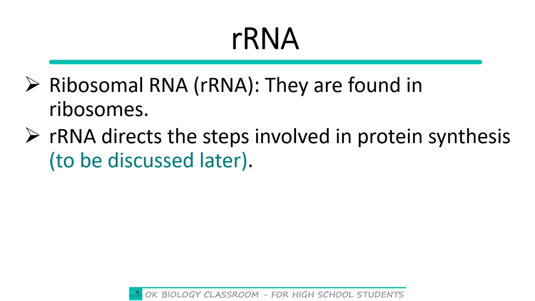So information is copied from DNA onto messenger RNA, and the messenger RNA also copies its information onto the tRNA. Then the ribosomal RNA, the rRNA, will direct the steps involved in protein synthesis. So that's what we have under RNAs.